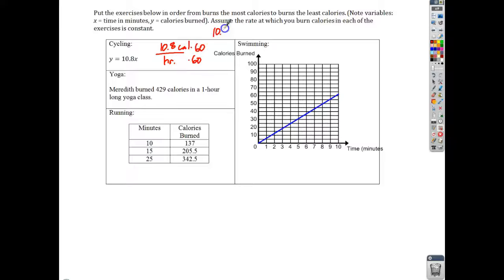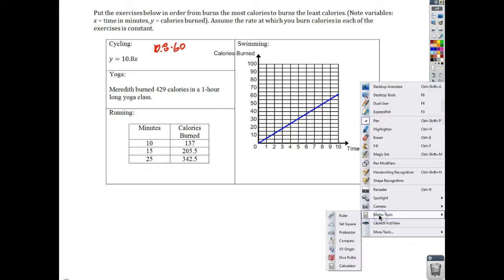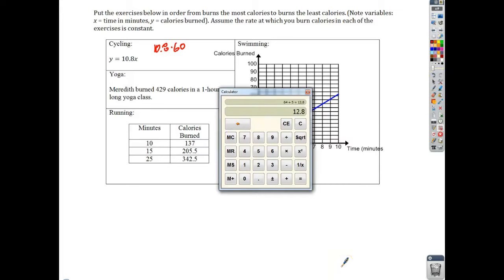Let's do 10.8 times 60, because that will tell me if this is per hour, then that's 60 minutes. Math tools, calculator, 10.8 times 60. 648.